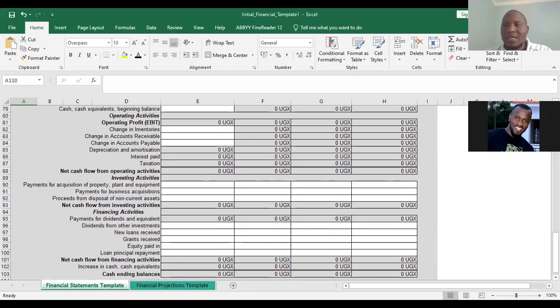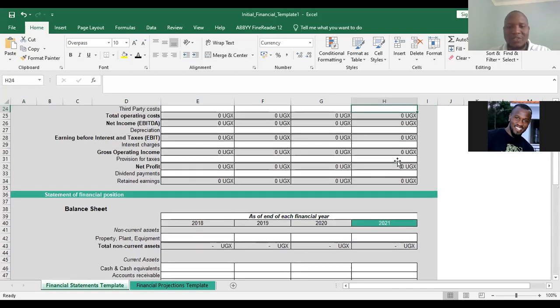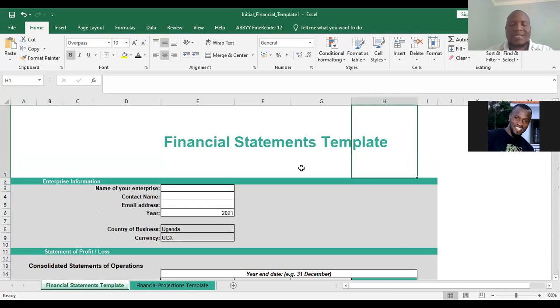and emphasize a few things. So as you can see on my screen, this financial statement allows you to fill in your basic performance details. And my assumption is, if you have been in operation and you've been capturing your documents, this is one template that you can easily make use of.